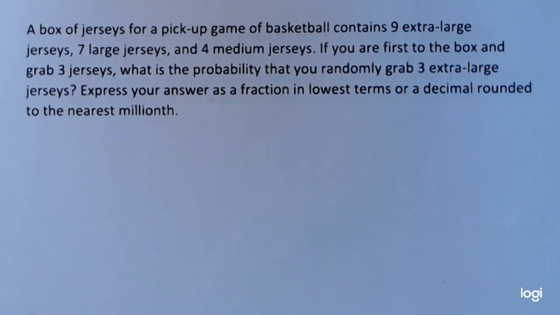Okay, the first thing I would do is find the denominator. So the denominator is just going to be all the ways we can grab 3 jerseys without replacement, because it's not like you're grabbing a jersey, putting it back, grabbing a jersey, putting it back.